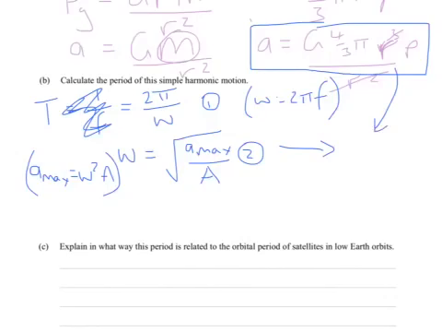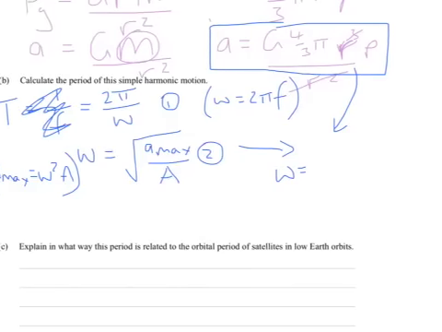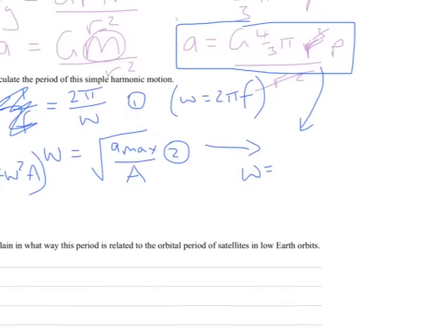I am trying to rush because I've got a bell coming soon. So omega equals the square root of 4/3 G π ρ r max over r max.